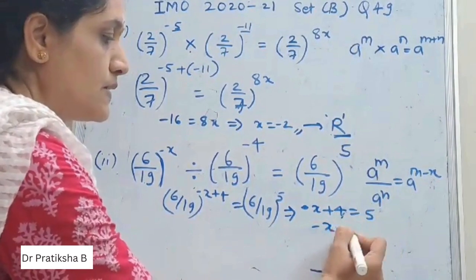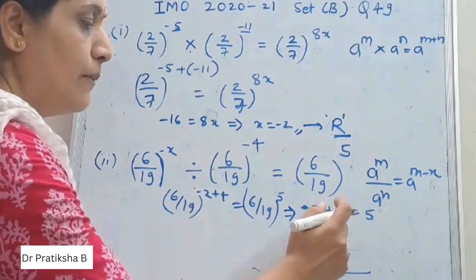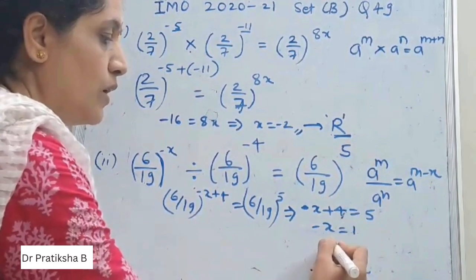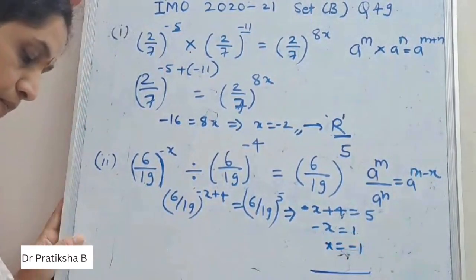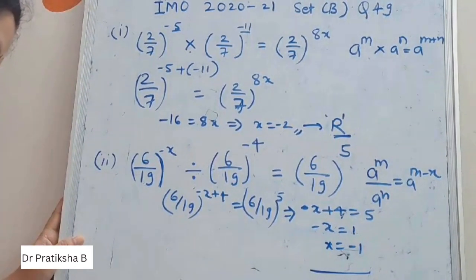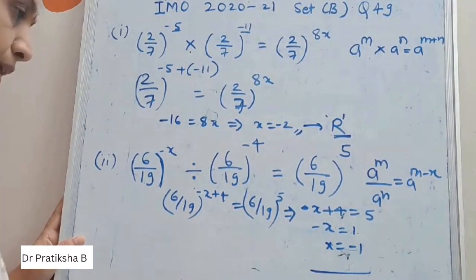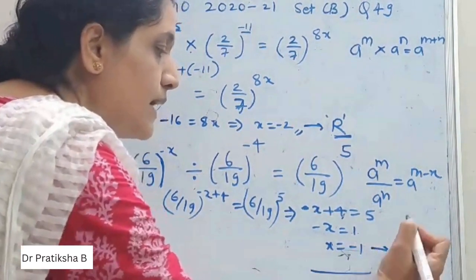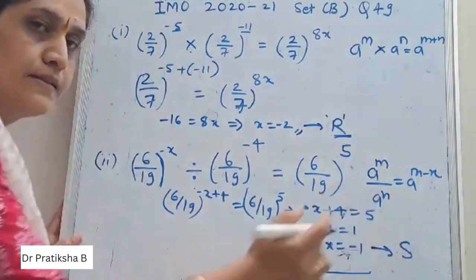So minus x will be equal to 5 minus 4, that is 1. So x will become minus 1. So for the second sub question, the answer is minus 1 and the answer that matches from the column is S.